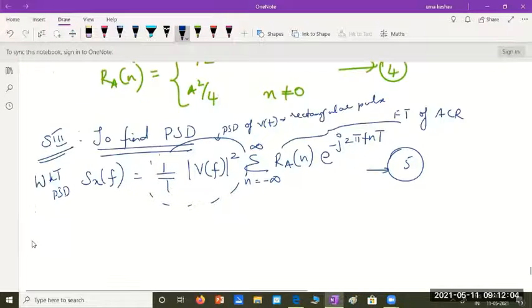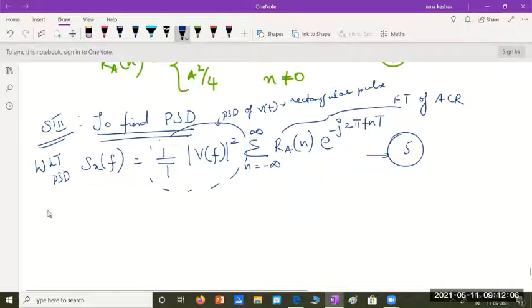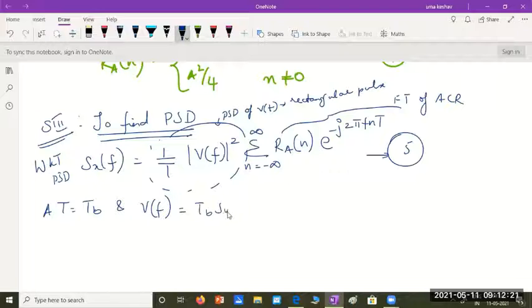Let us consider, usually, t equal to TB, and what will happen to V of f? We know if V of t is rect t by T, V of f is TB sinc FTB. We have used this.